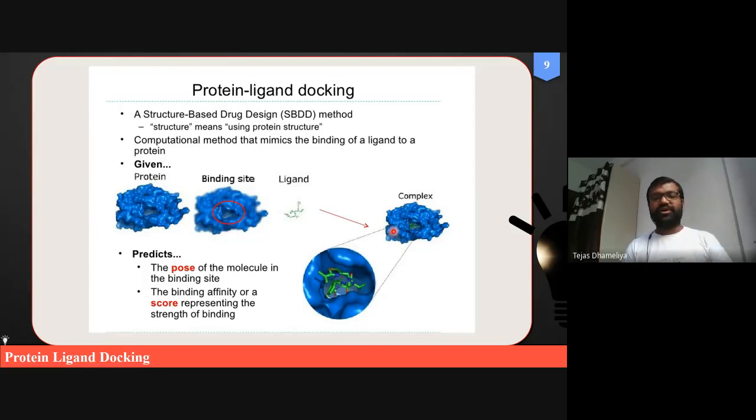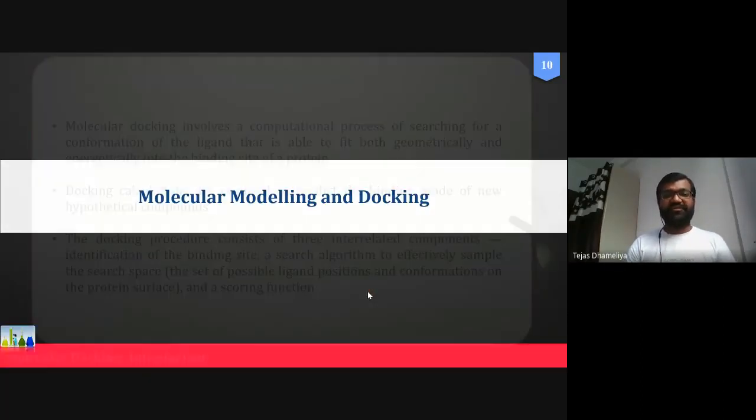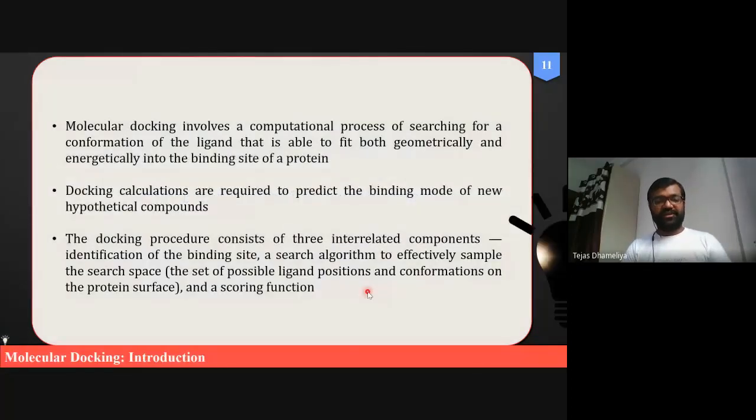Generally, we call such a complex a drug receptor complex, which is highlighted in this inset. You can see in this inset view how a three-dimensional molecule has been bound to the active site of the protein. That we discussed in our previous sessions.